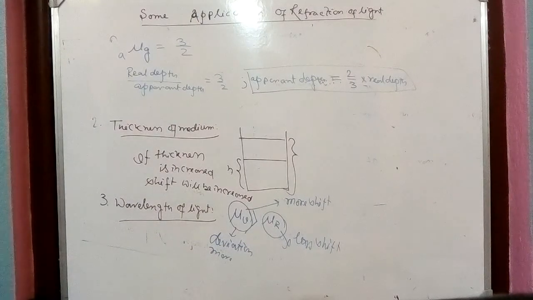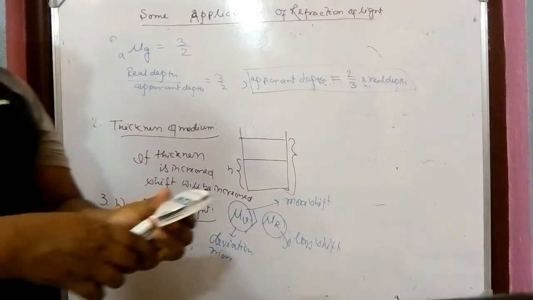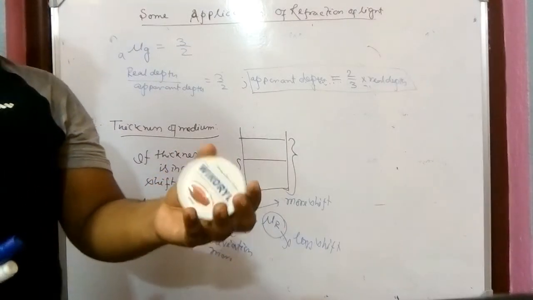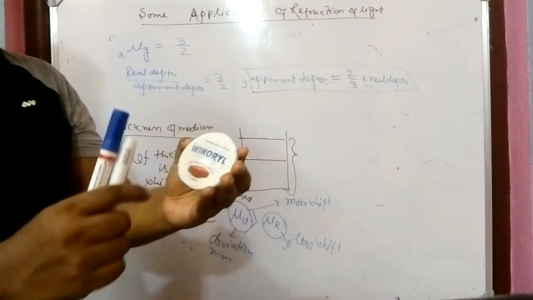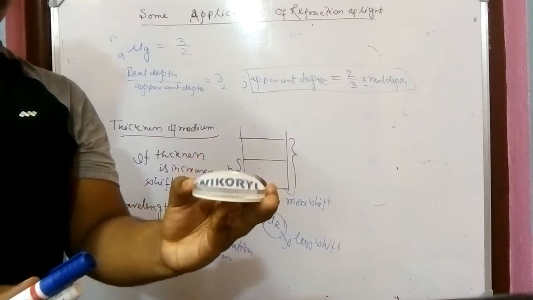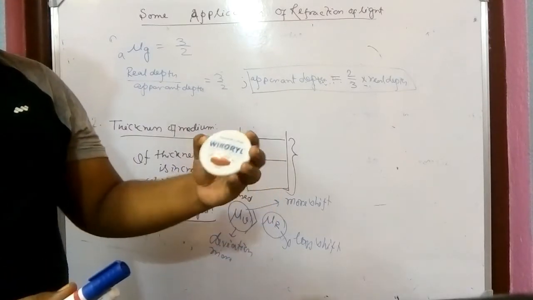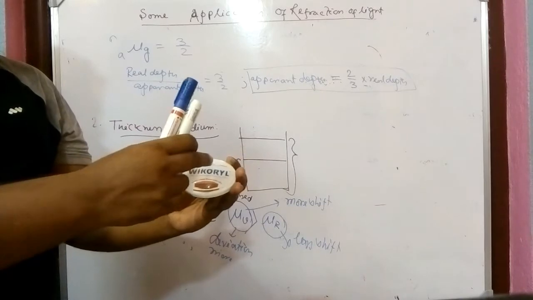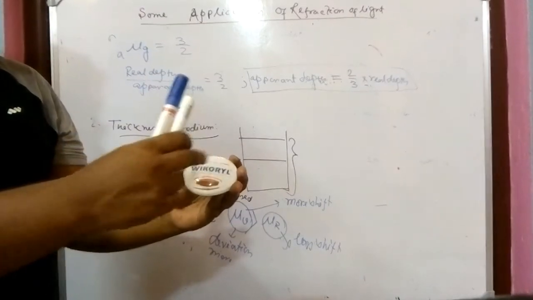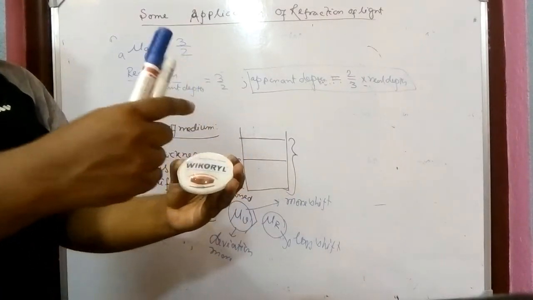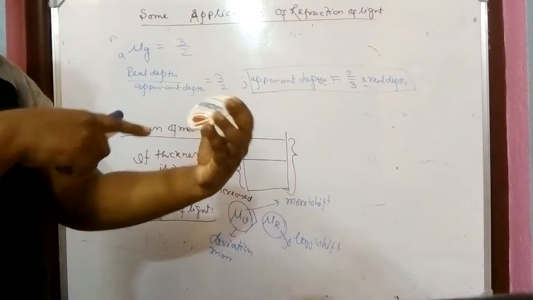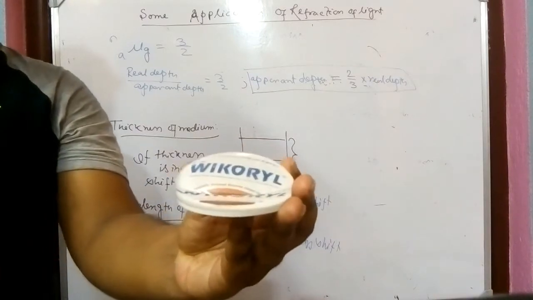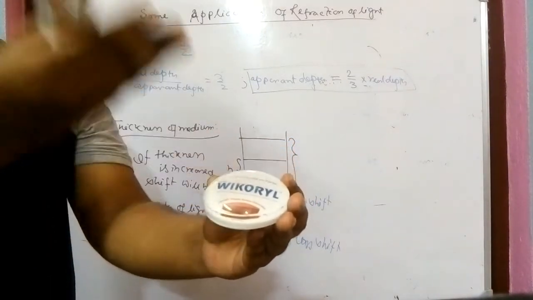Okay, so here I just want to show you an example. You see, it is not a glass slab. Here, if you see, there is a glass. Whenever we see it at an angle, the writing which is written beneath seems to be coming up. But if you see directly, it is at a depth. But if you see at an angle, that writing seems to be coming up.